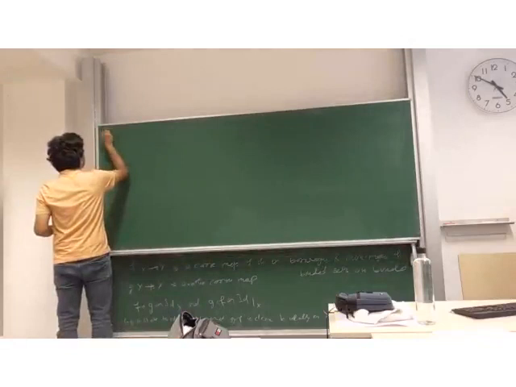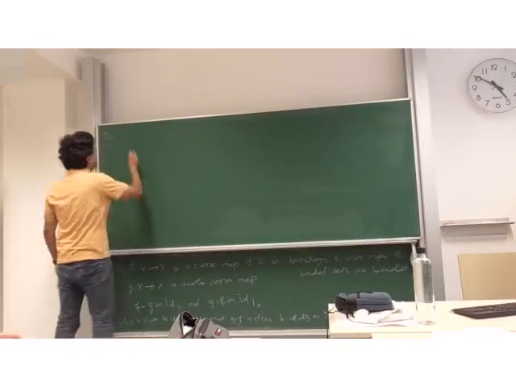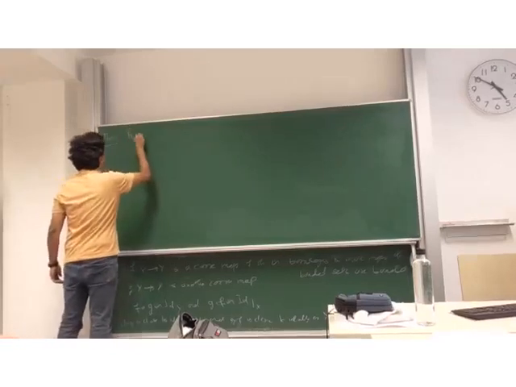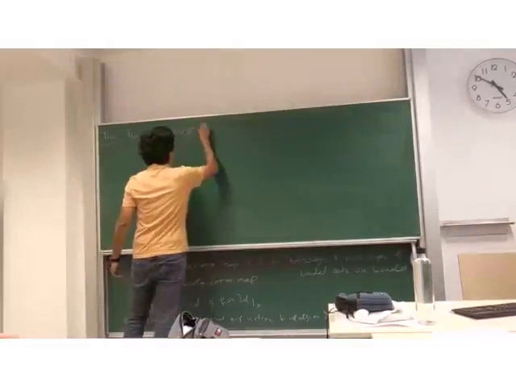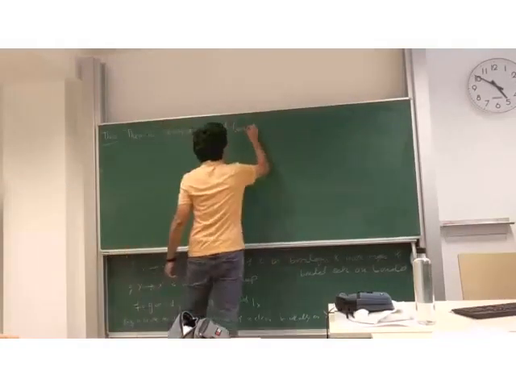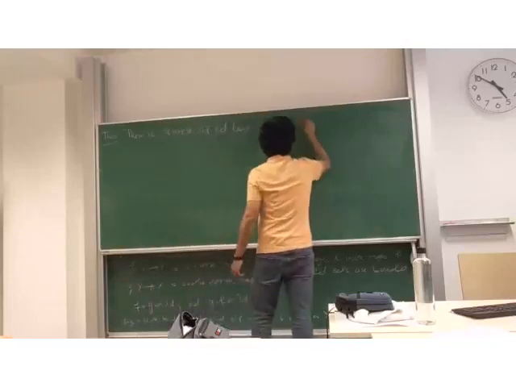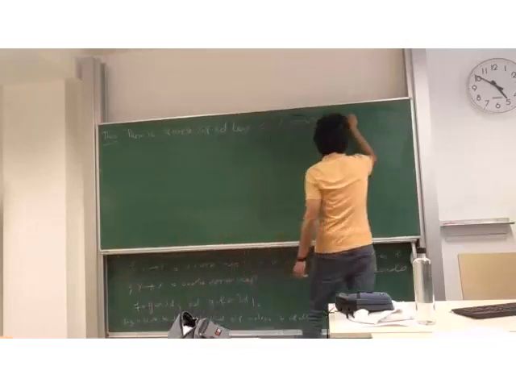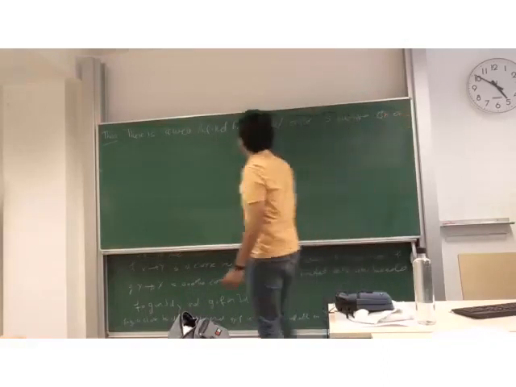So I will restate that theorem that I erased in a different way: there is a well-defined large scale or coarse structure on a finitely generated group.